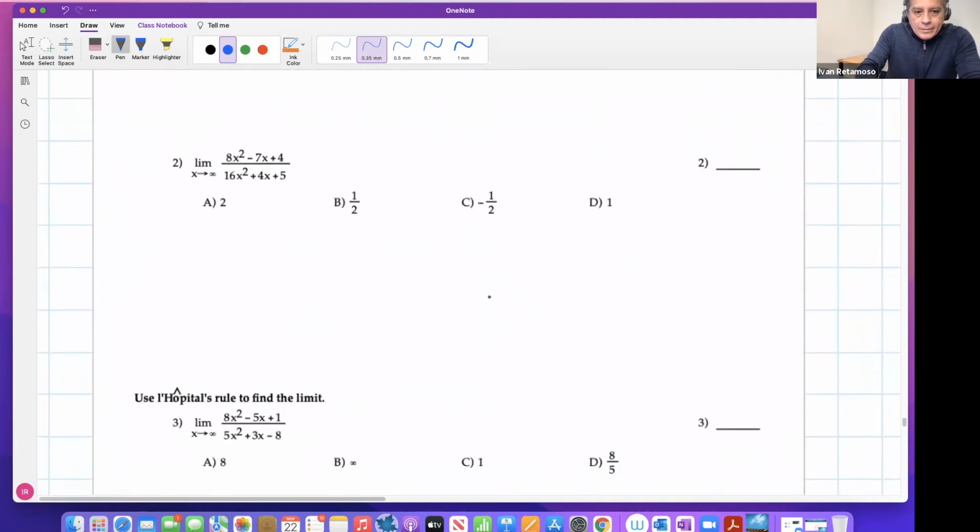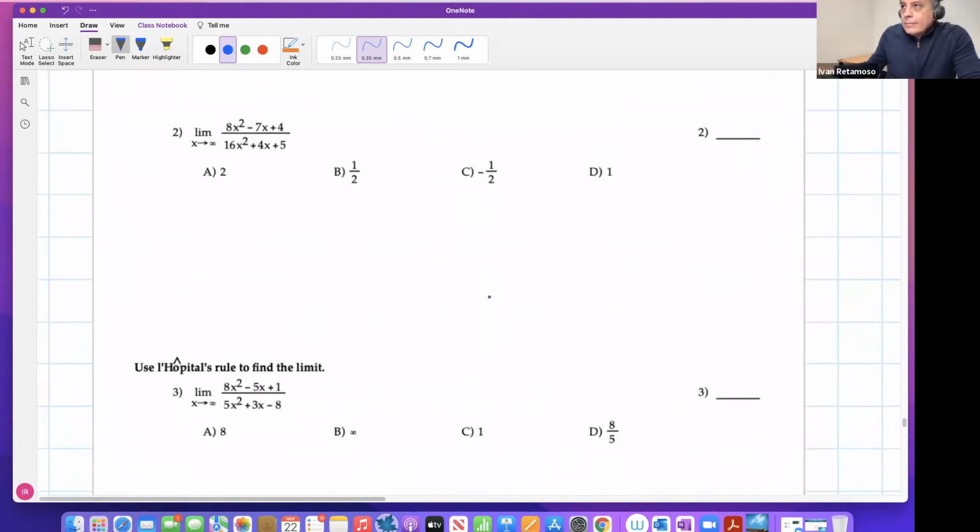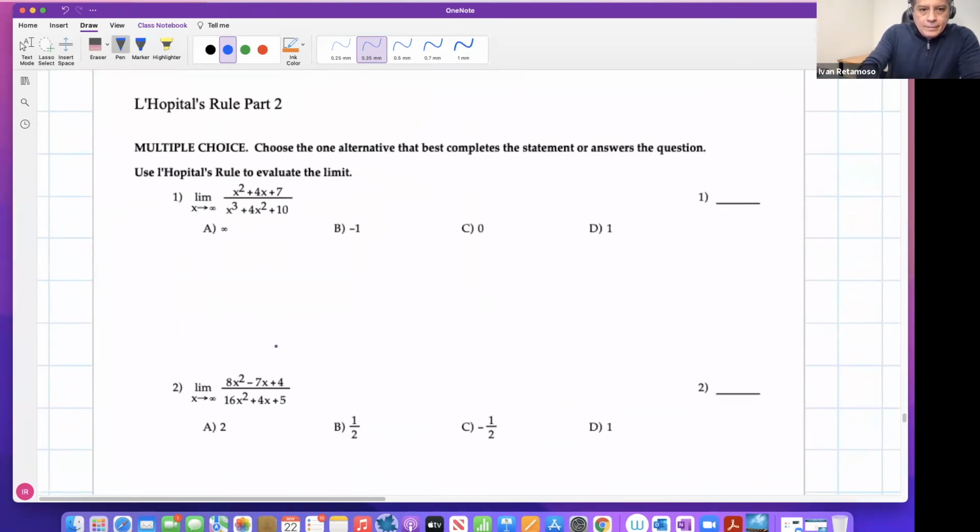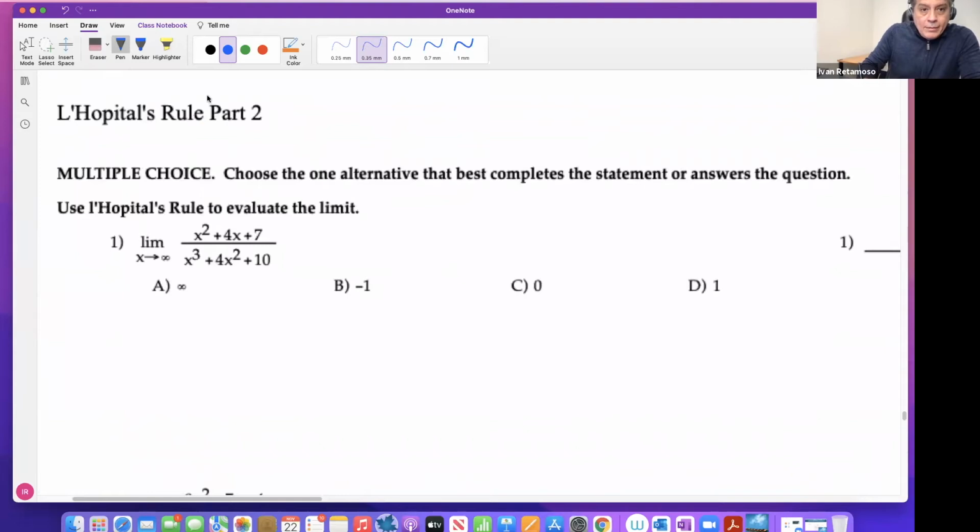Let's choose something nice and reasonable here. Can you try the first one? Warning, you may have to apply L'Hopital's twice. The limit of x squared plus 4x plus 7 over x cubed plus 4x squared plus 10.